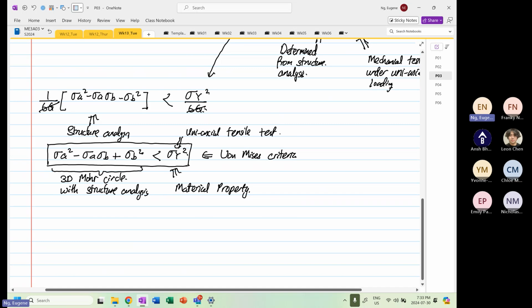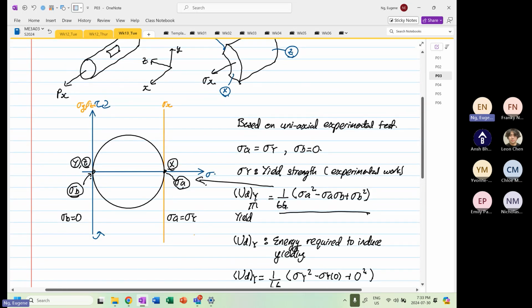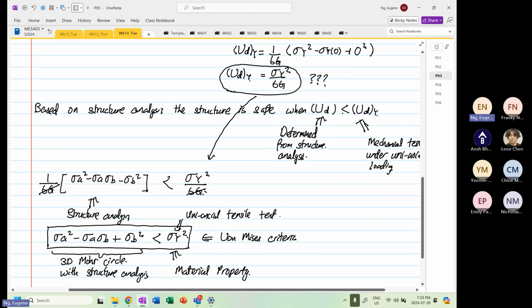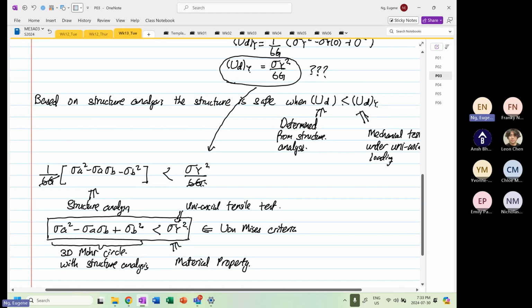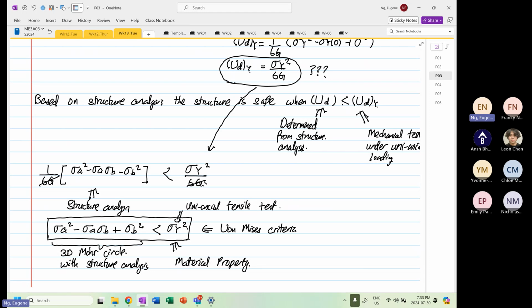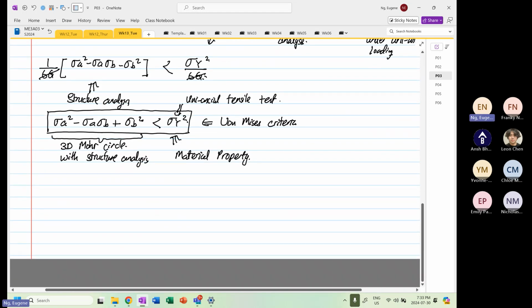When it's a uniaxial tensile test, you can only compare the principal stresses from experiment. So the yield strength that I always remind you of, the yield strength that we get from any handbook, is always the principal stress.